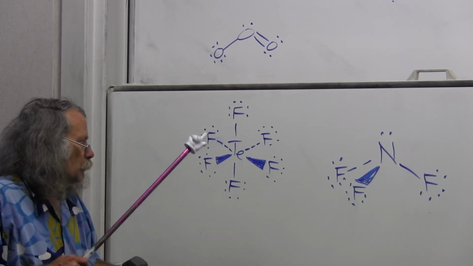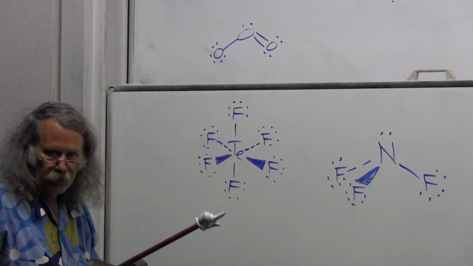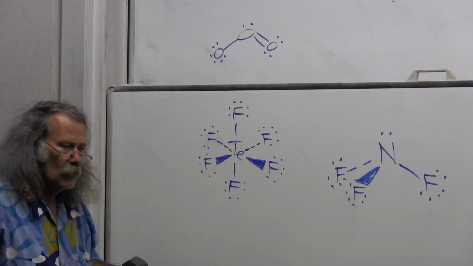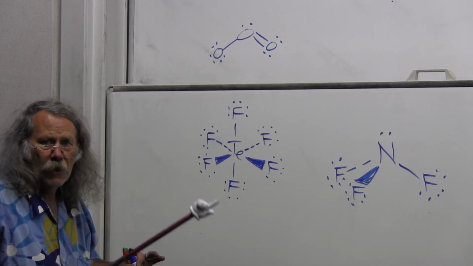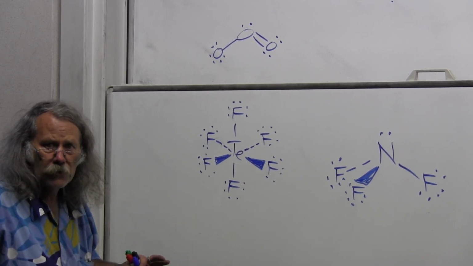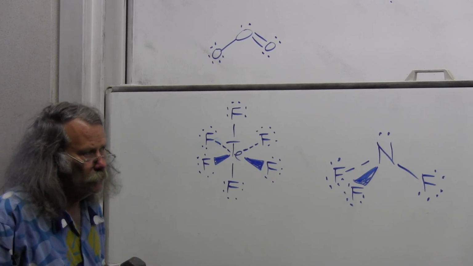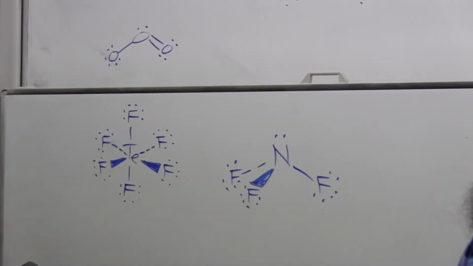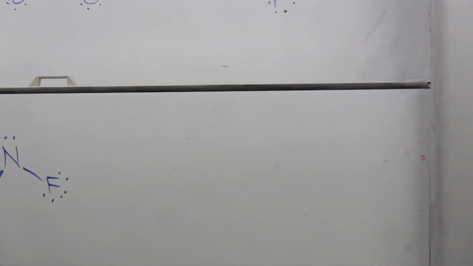So each of these single bonds counts as a pair. There's 6 of them. 6 pairs is going to demand octahedral arrangement in order to minimize the repulsion. So I have octahedral, which is option E.